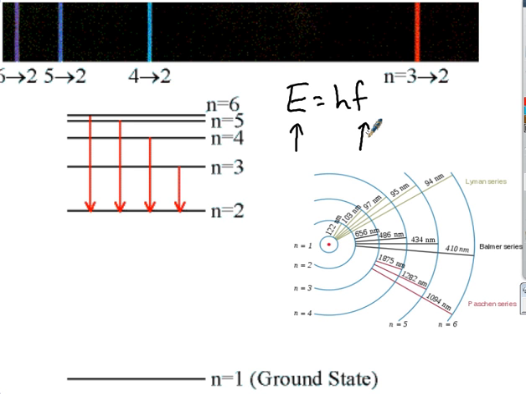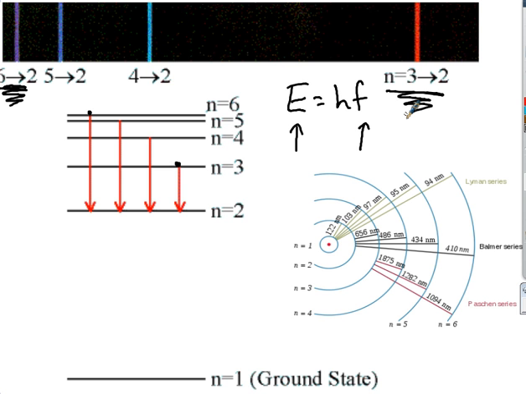So if I have an electron up here on the 6th energy level, if it falls down to the 2nd energy level, I'm going to have a relatively high energy change and a higher frequency of light being emitted, like this violet light. Whereas if I have a small energy change between the 3rd and 2nd energy level, I'm going to have a lower frequency of light being emitted.